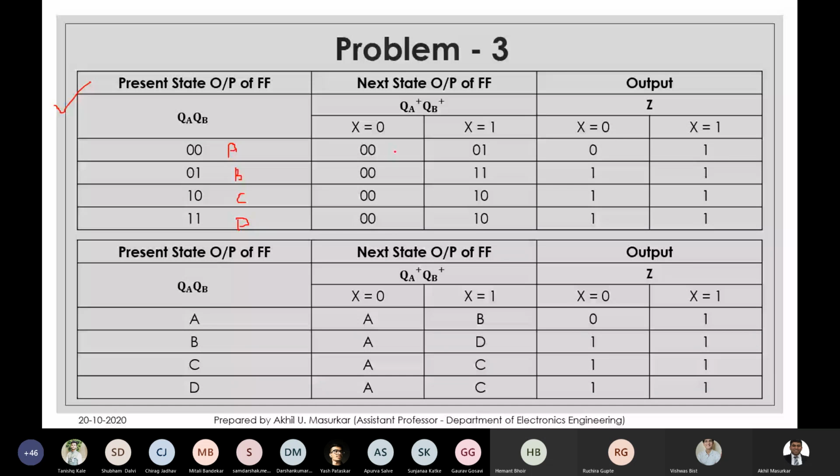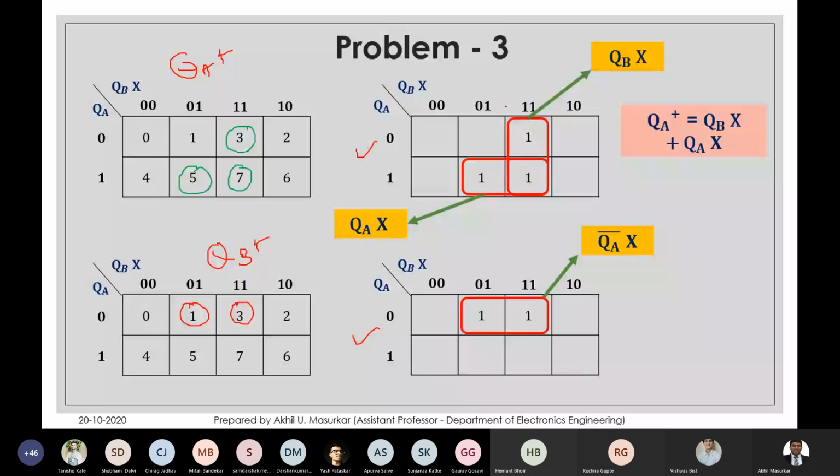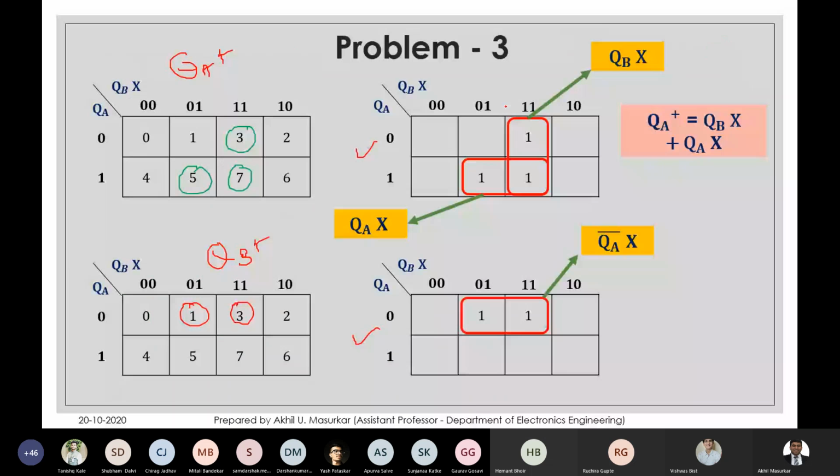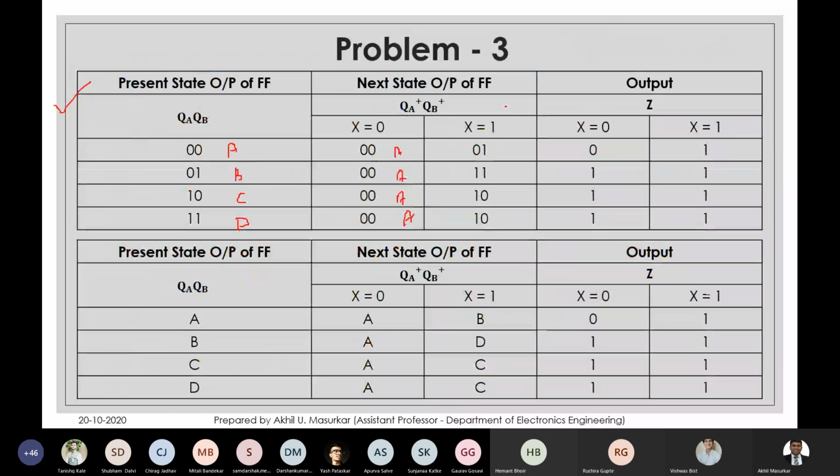So this will be A, and this will be B, 1 is D, 10 is C, this is also C. So you can see that in the lower table I have just replaced 00, 01, 10 and 11 by some characters A, B, C and D.